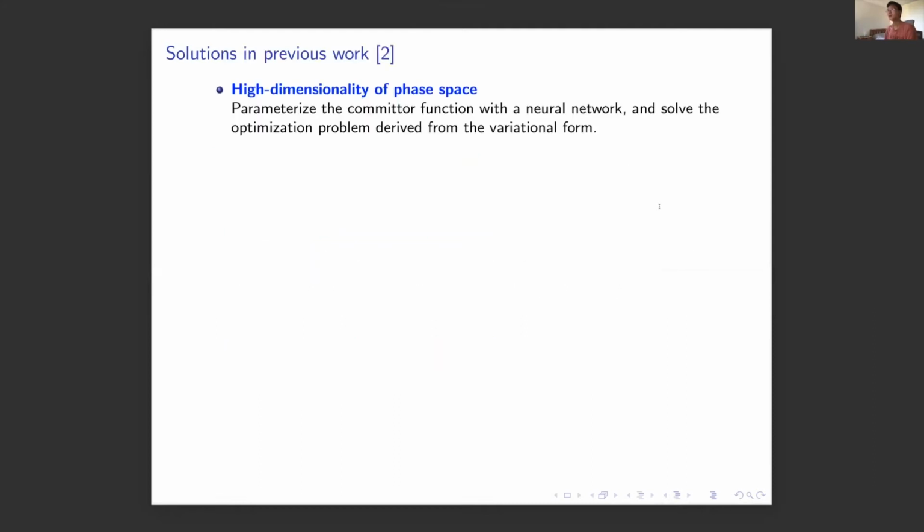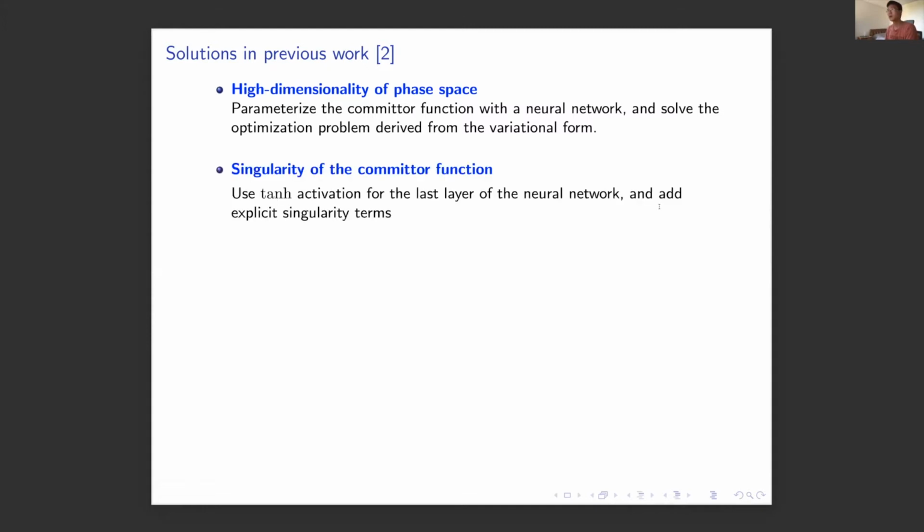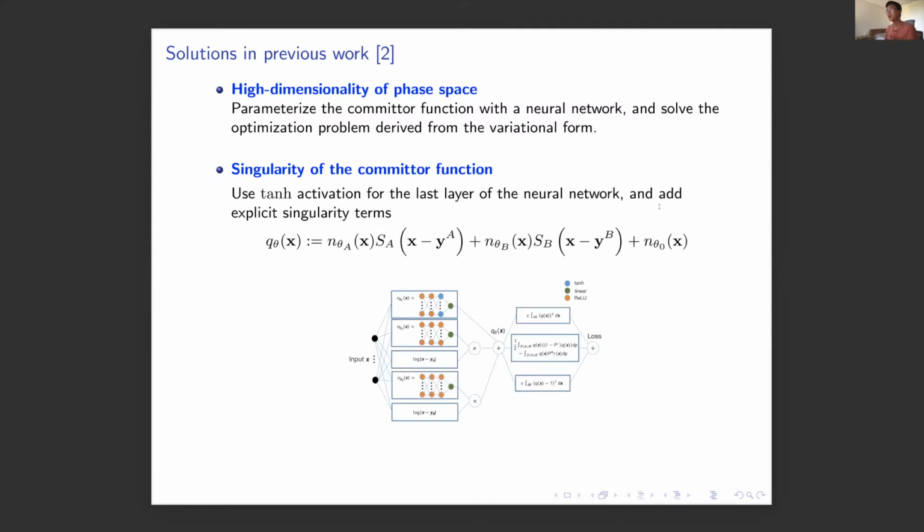And we need to enforce a boundary condition, and large penalty terms may lead to an ill-conditioning problem. Okay. In the previous work, high dimensionality of the phase space is addressed by parameterizing the committor function with a neural network. And then we can derive a variational form of the original problem and solve the corresponding optimization problem with respect to the parameters. And the singularity of the committor function is handled by using explicit singularity terms and tanh activation for the last layer.